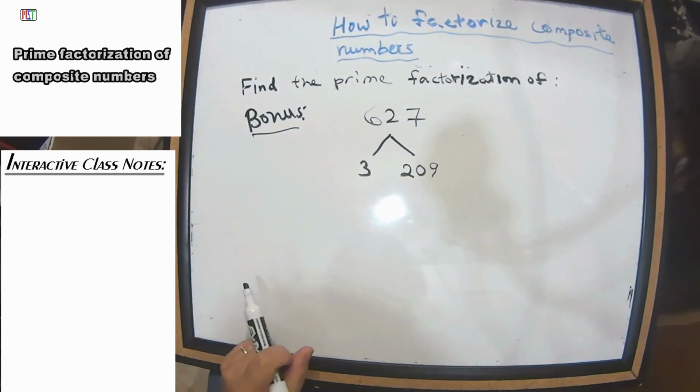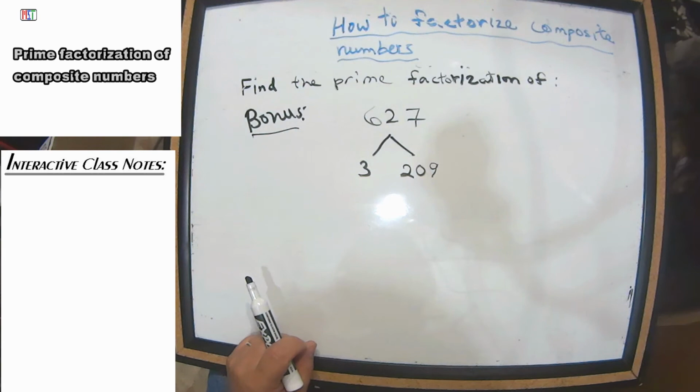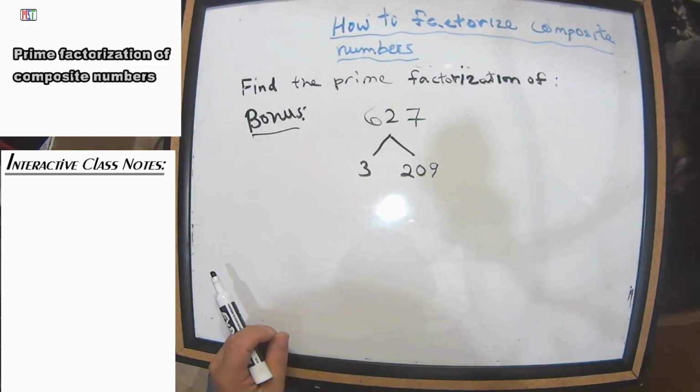So 209 times 3 will give you 627. But is 209 a prime number, or is it a composite number? Well, it looked like 3 can get into it, but if you try to divide 3 into 209, you won't get a whole number. So 3 cannot get into 209.